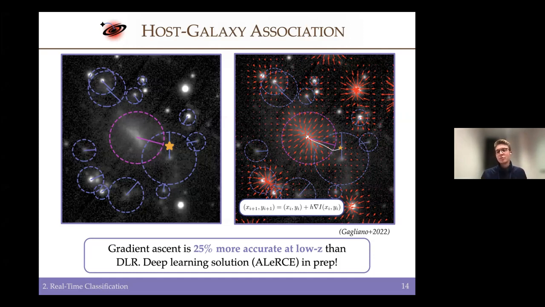Now, the devil's in the details here with exactly how you choose your step size for the algorithm and how you pre-process that image in order to highlight the light profiles of the galaxies in the field instead of the clumps in, for example, the spiral arms. But in some early tests, we found that gradient ascent did slightly better than the directional light radius at low redshift for these big, bright objects that are well resolved in surveys like Pan-STARRS. And I'm currently working with a team, part of the ALeRCE broker system, to develop a deep learning solution to this association method as well.